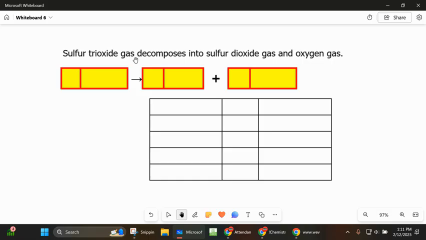Sulfur trioxide gas decomposes into sulfur dioxide gas and oxygen gas. Okay? So that is the reaction that we are doing here.